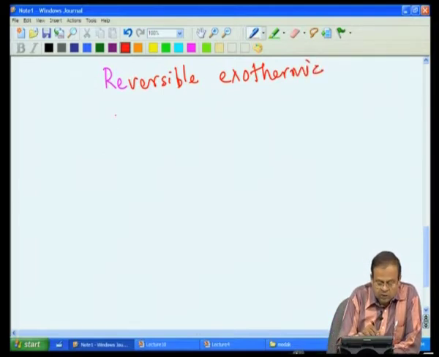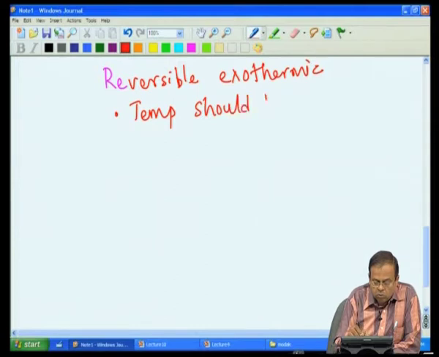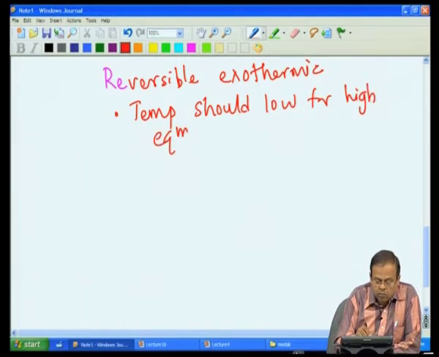My thermodynamics tells me that temperature should be low for high equilibrium conversions.